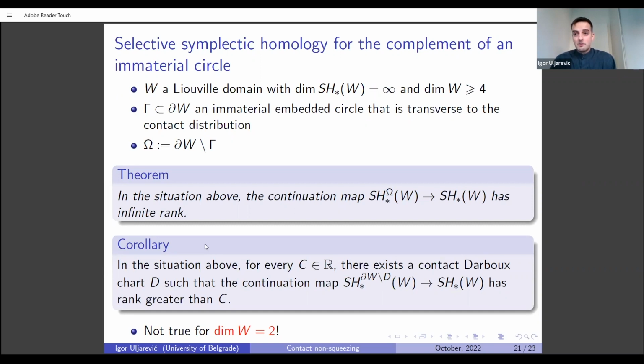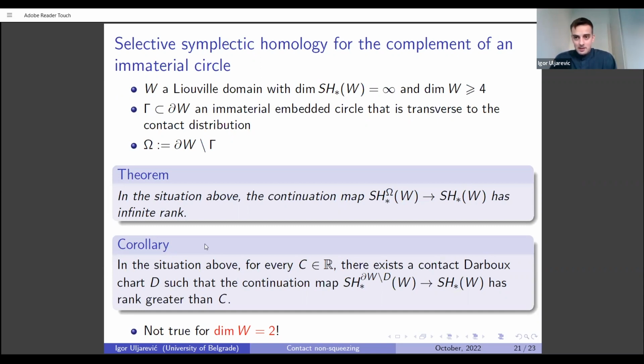So far, I haven't proved that if I take any immaterial subset, its complement is infinite dimensional. A point cannot be foliated by Reeb orbits, and that's why I first proved the statement for circles, and then concluded afterwards that the same holds for the point.